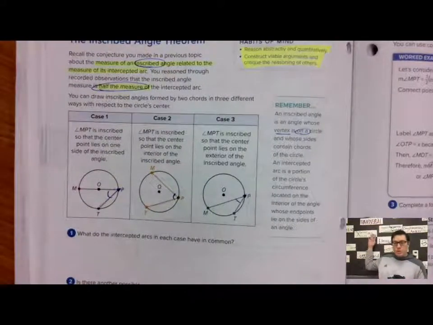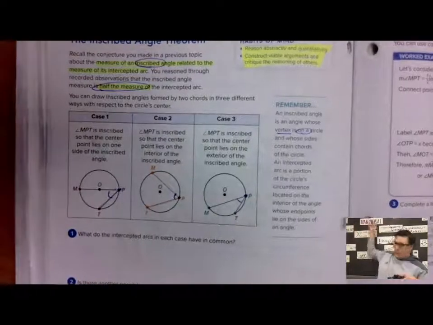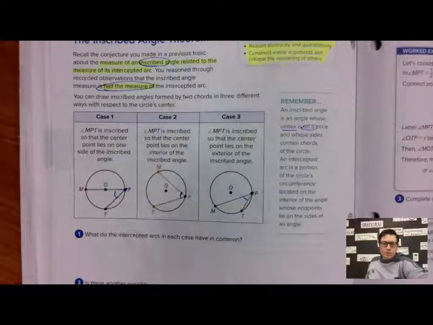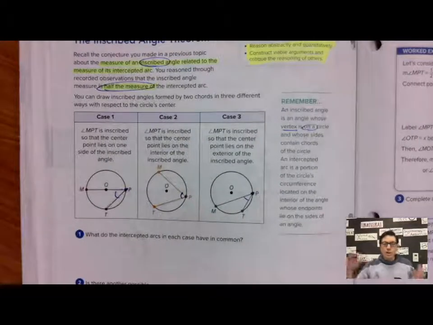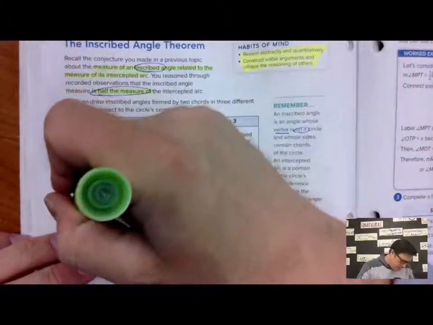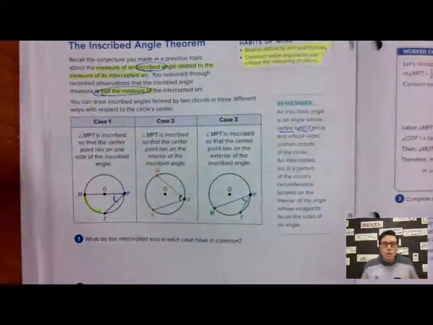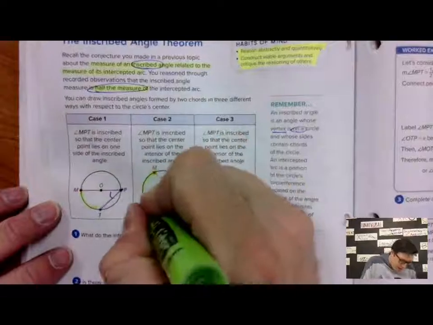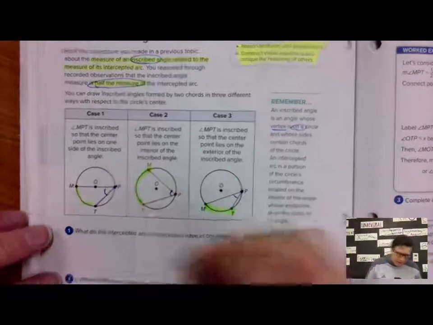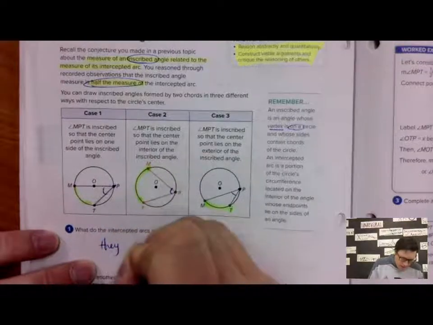So inscribed angles, and it's one of our vocab words, inscribed angle. The intercepted arc is MT because it's the edge of the circle on the outside edge. And then here's MT, and then here's MT. And the one thing that those intercepted arcs have in common is that they are all minor arcs.